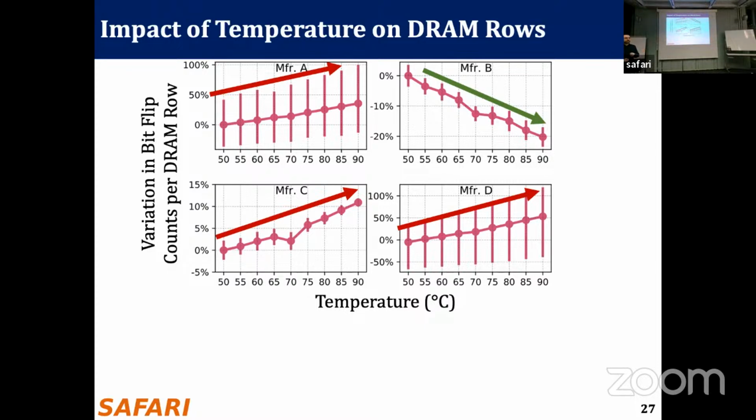Because of that trap assisted error model that I talked about earlier, the temperature range for those particular DRAM cells can fall into the left side or right side of that curve, so that maybe the worst temperature for manufacturer B is somewhere around 20 degrees, for example. And for other manufacturers, maybe the worst is above 90 degrees. We do not know this, but this is just what we hypothesize.